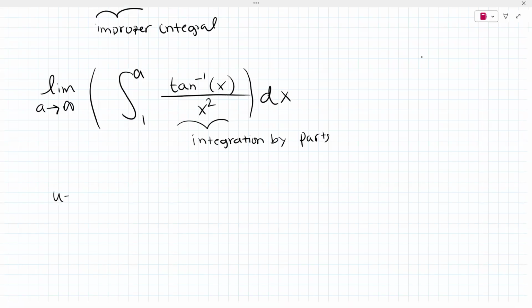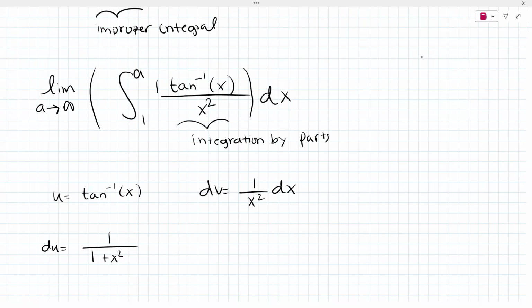Our u is tan inverse of x, and my dv is the leftover, 1 over x squared dx. Then my du, the derivative of tan inverse of x, is 1 over 1 plus x squared dx. And my v is the integral of 1 over x squared dx.